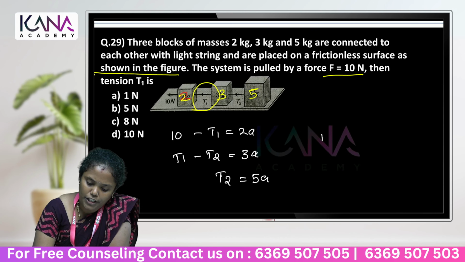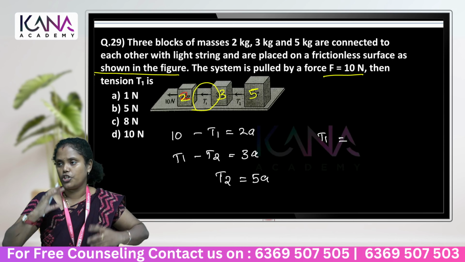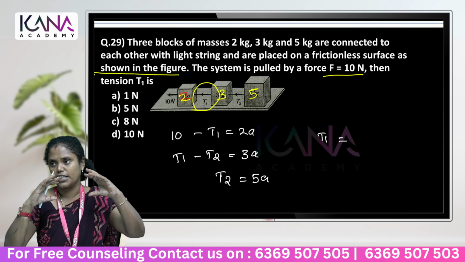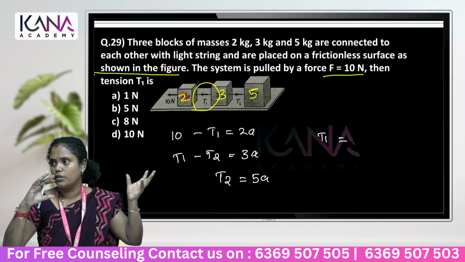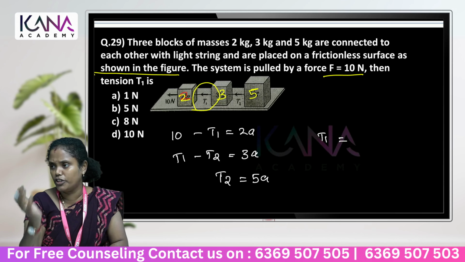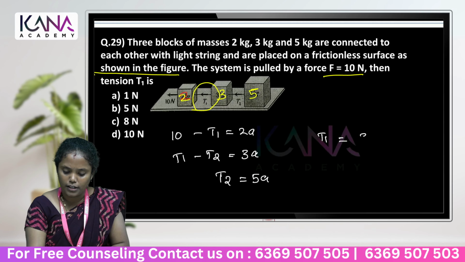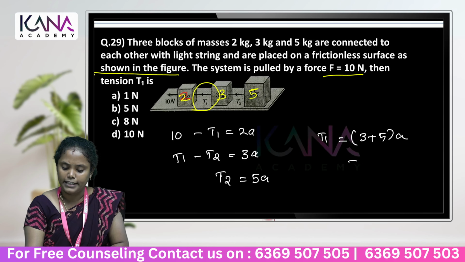T1. T1 மட்டும் calculate பண்ணனும்னா force எப்பவுமே ஷார்ட்கட்டா எடுத்துக்கிறோம். Force எந்த டைரக்ஷன்ல அப்ளை பண்ணிருக்கோம்? 2 க்கு அப்ளை பண்ணிருக்கோம். T1 க்கு பியாண்ட்ல இருக்க மாஸ் என்ன? Sum of the masses என்ன? 3 plus 5. So it is beyond 3 plus 5 into a. It is 8a.